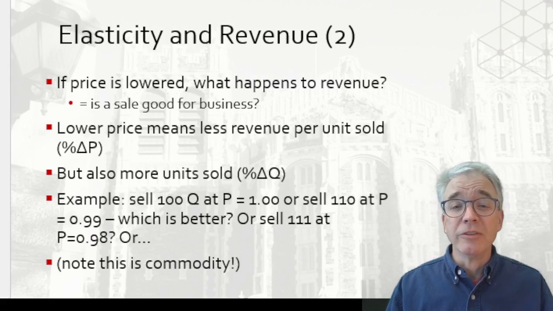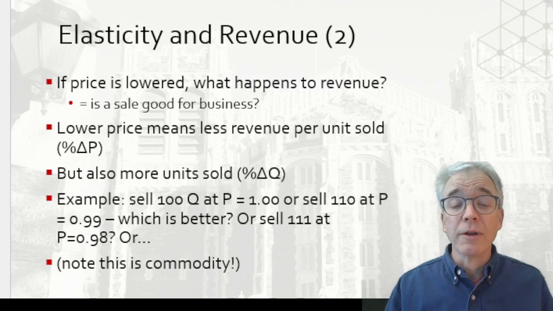Well, let's make these easy numbers for now. Business sells 100 Q at price equals $1, so revenue is 100. That's Q times P. If the business instead sets a price of 99 cents and sells Q equals 110, well, is that better or worse?